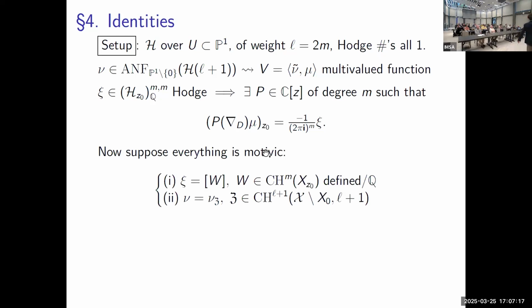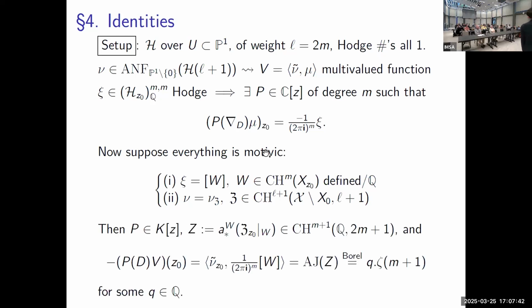Okay, now suppose everything is motivic. So my Hodge class is represented by W in Chow^m(X_{z naught}) defined over Q. We can talk about what happens when it's not defined over Q, but let's just stick to this. And then mu equals mu_Z, or this higher Chow cycle, of type L plus 1, L plus 1.